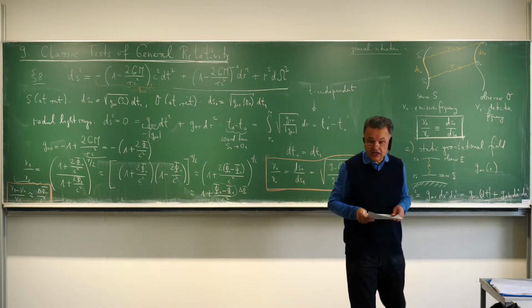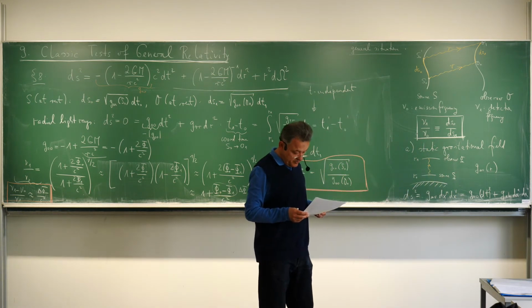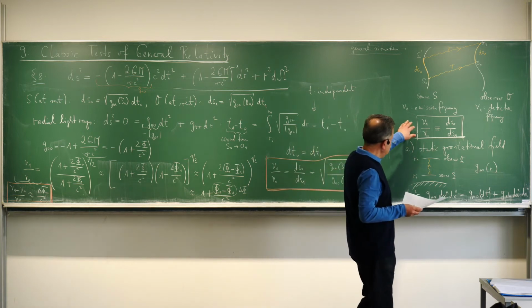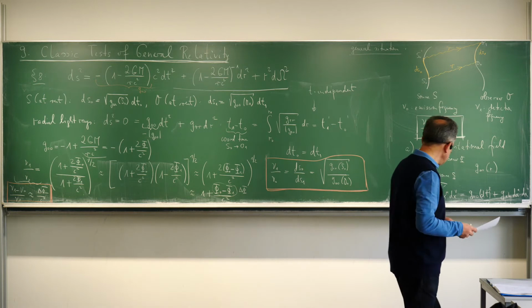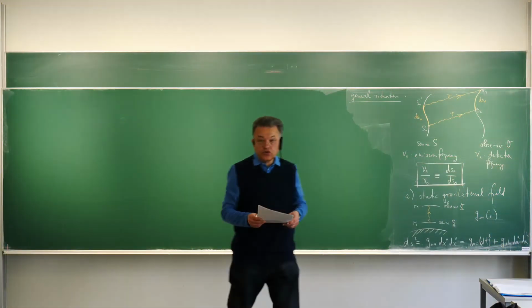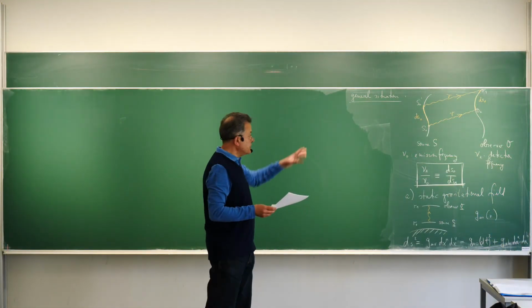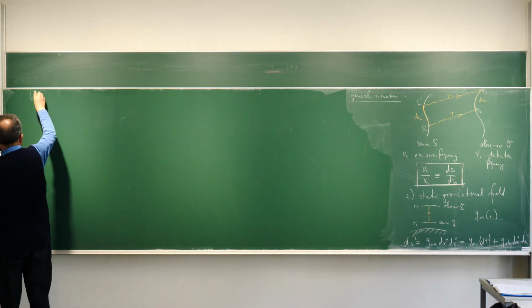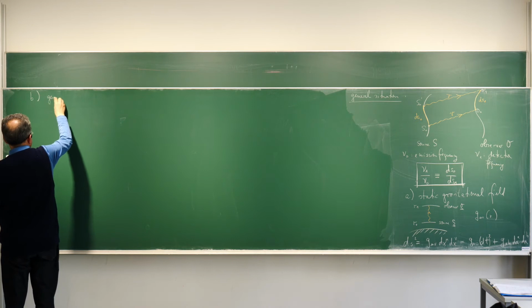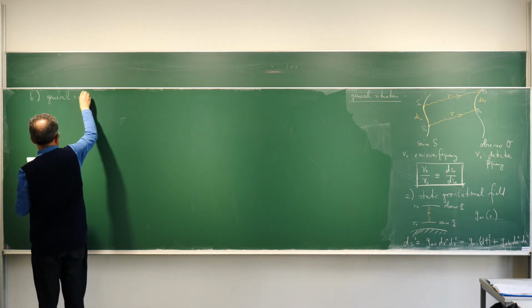But of course, in general, the velocity is not negligible, and so we have to go back to the general result. So let us do this now. Let us now come back to the general situation. So this is then part B, general situation.